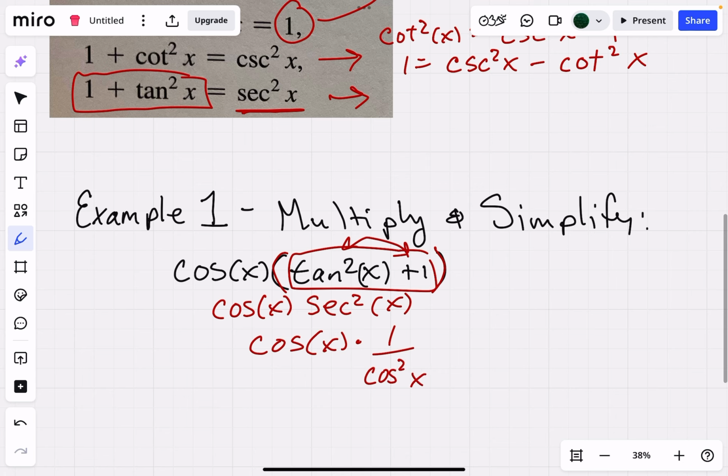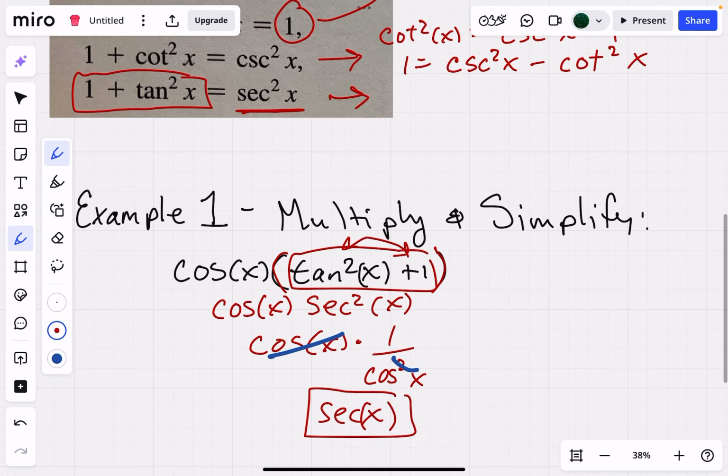And when I do this, you can see that at least one of them cancels out, right? One cancels here, and the square is gone here. But then what's 1 over cosine x? We just said 1 over cosine of x is actually the secant.